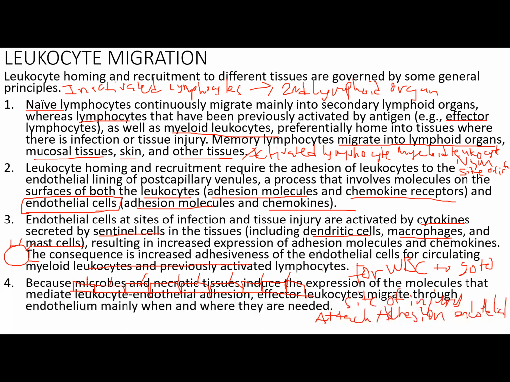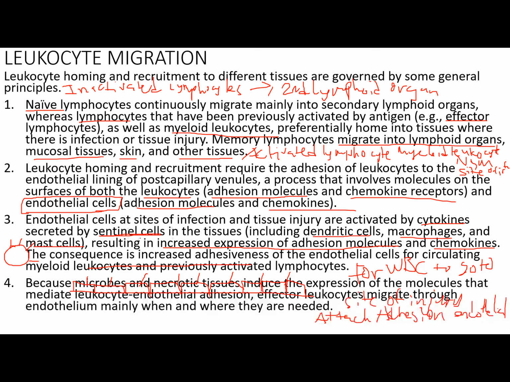This naman class sa third principle na to, at the site of infection daw, yung mga endothelial cells na to would have increased. Dadami daw. They will have increased expression of adhesion molecules and chemokines. And what causes this? This is caused class by the presence of sentinel cells.